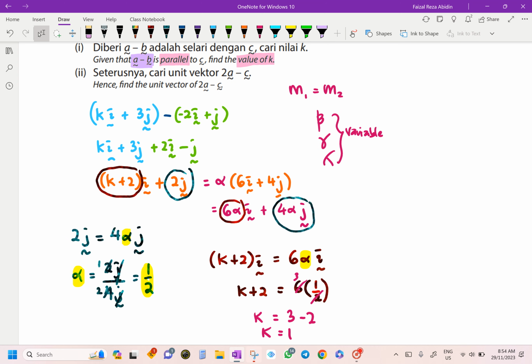Okay? Next. Find the unit vector of 2a minus c. If you don't get k, that's the end for number 2. How to find 2a, right? Because a is going to be our blue one here, and c is going to be the orange one here.